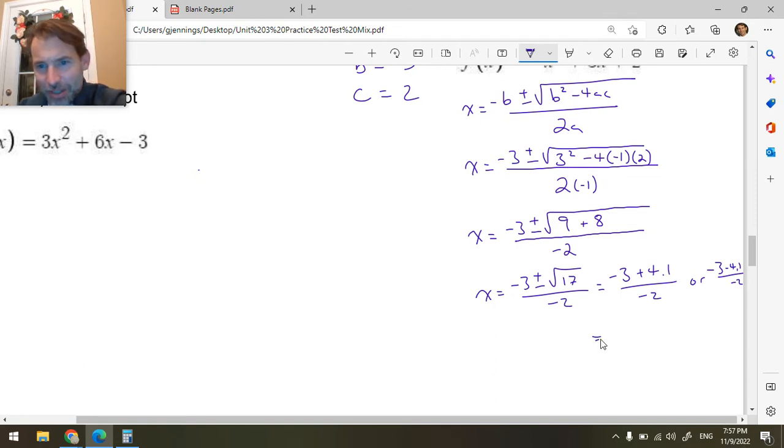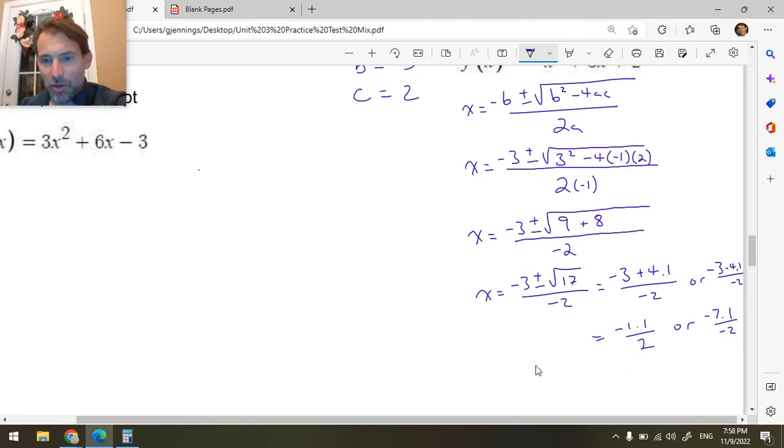All right, so that's equal to -3 plus 4.1 over -2. That's -1.1 over 2. Oh, sorry, I floated the negative sign up. It's actually positive 1.1 over -2, but I just have this habit of writing the negative on the top of the fraction, and it's the same. Or -3 minus 4.1, this is -7.1 over -2.